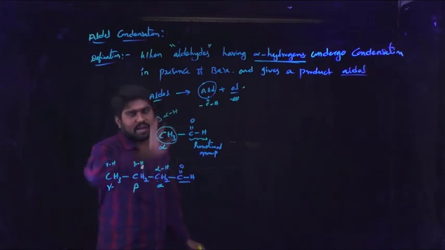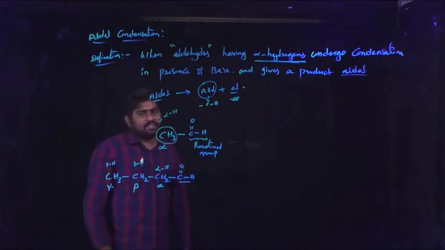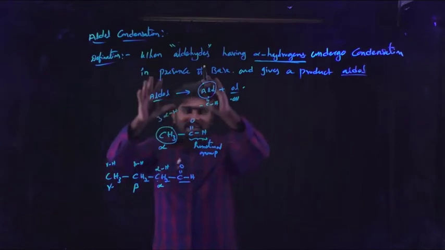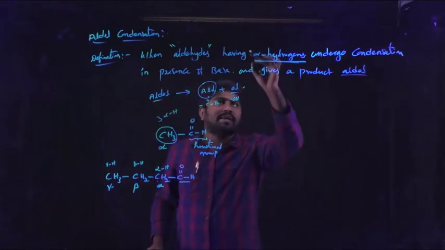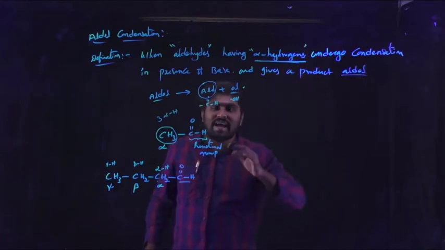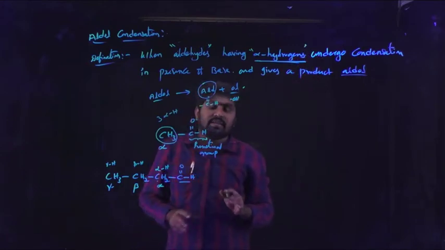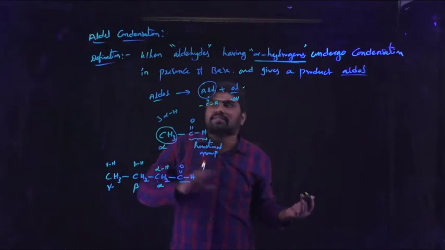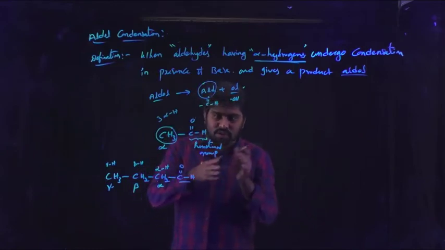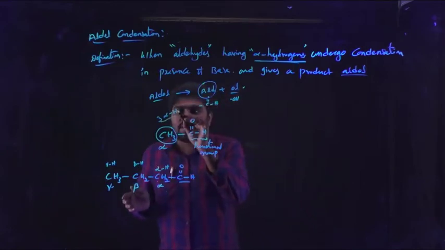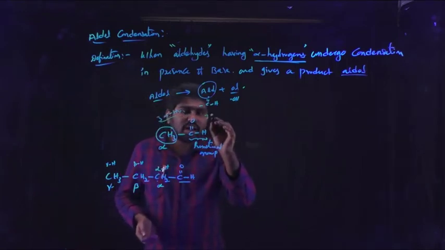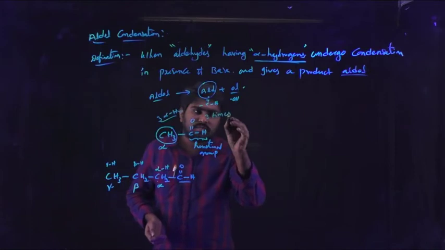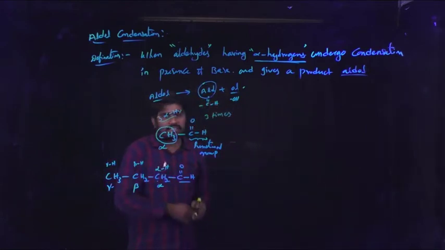The aldol reaction can take place as many times as the number of alpha hydrogens attached to the carbon atom. Here 3 alpha hydrogens are present, that's why the aldol reaction takes place 3 times.